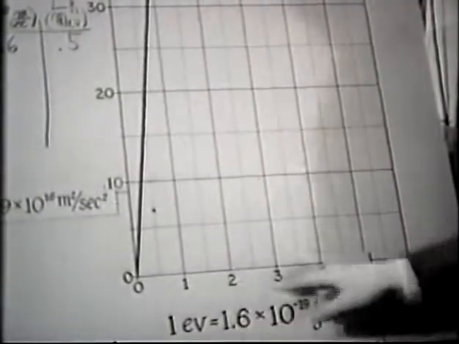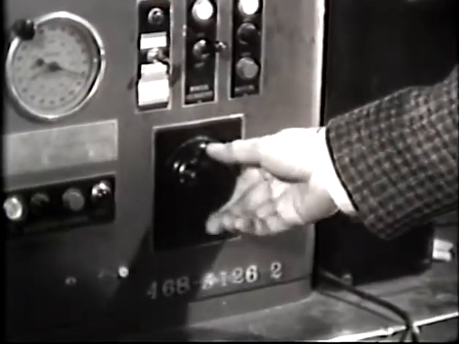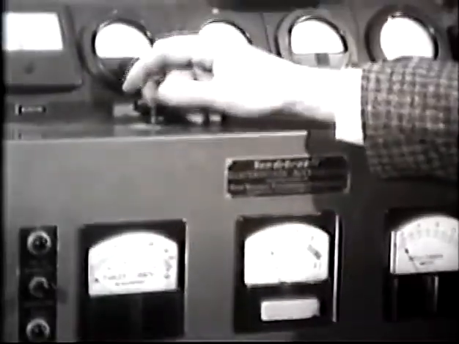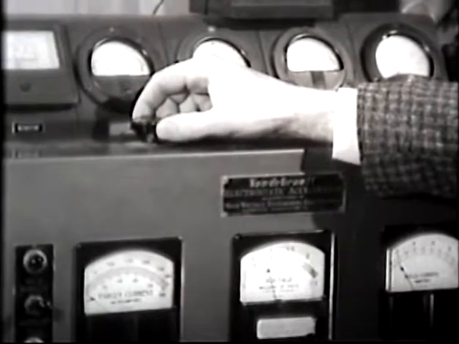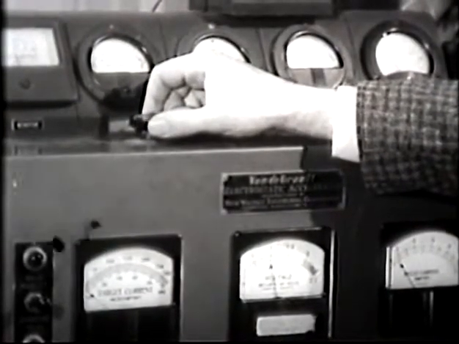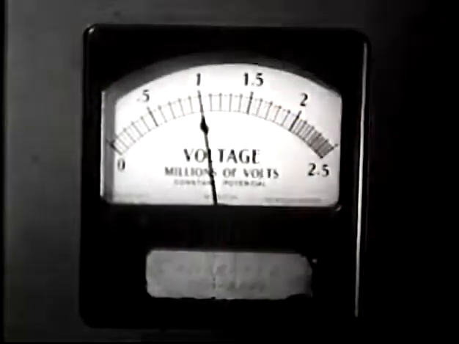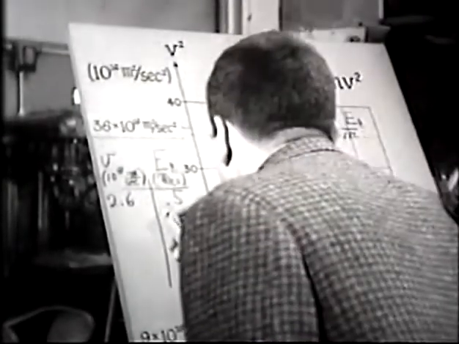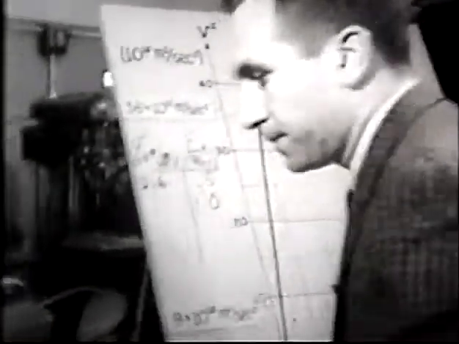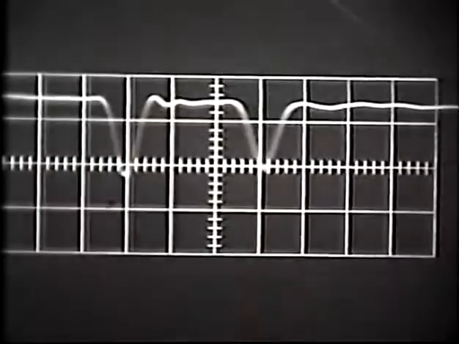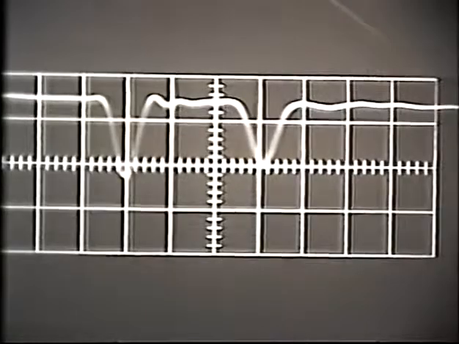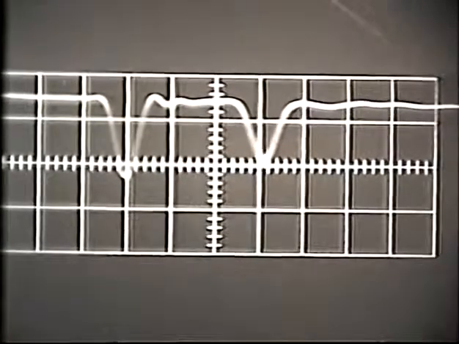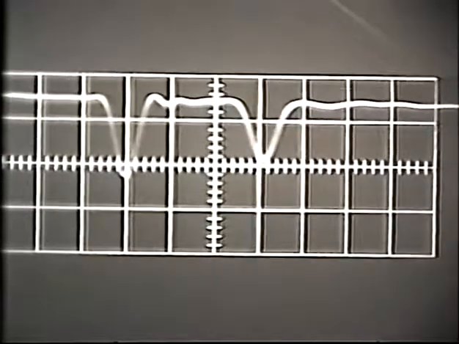Let's try another run at a higher energy. I'll increase the voltage of the Van de Graaff to 1 million volts, double what it was. That means we're giving the electrons a kinetic energy of 1 million electron volts. The time of flight is less than before. Accurately enough, it is 3.1 divisions.